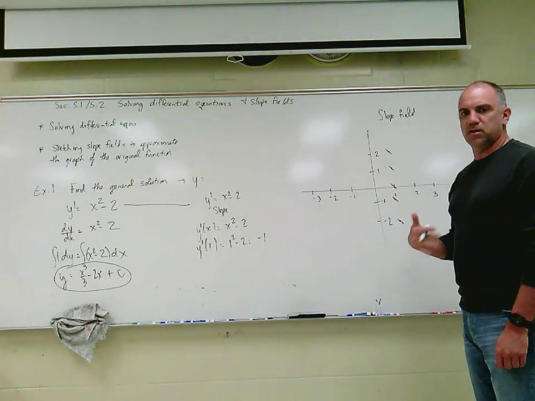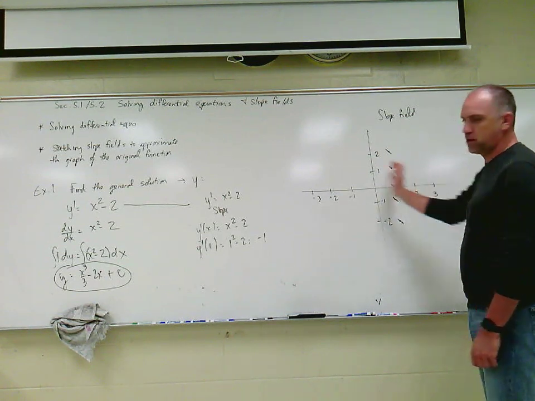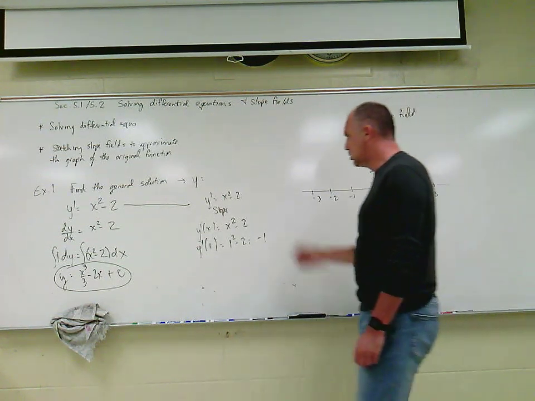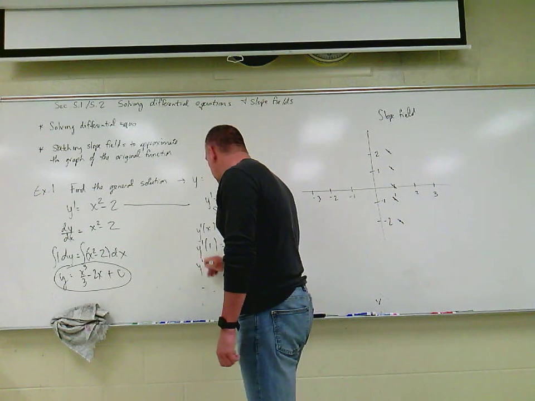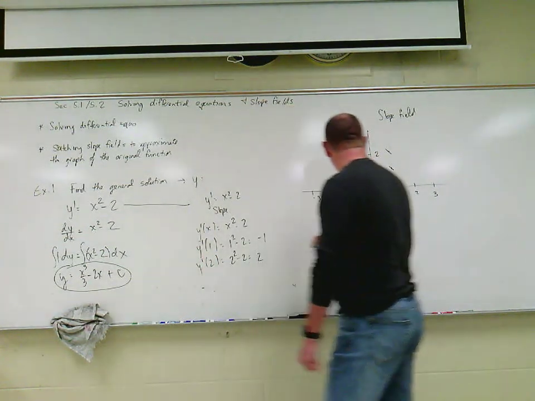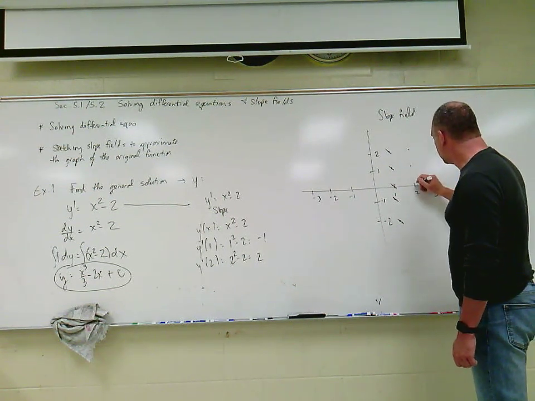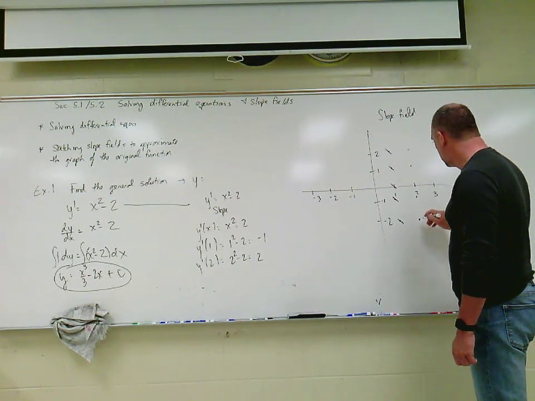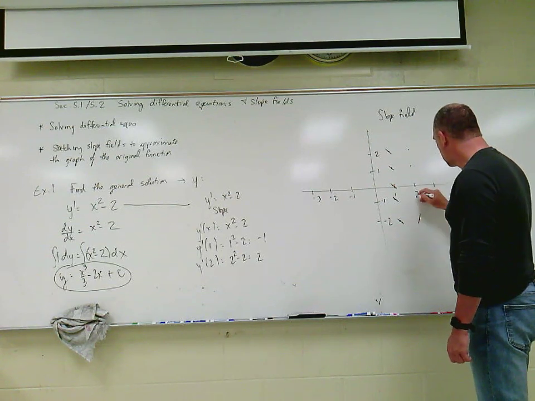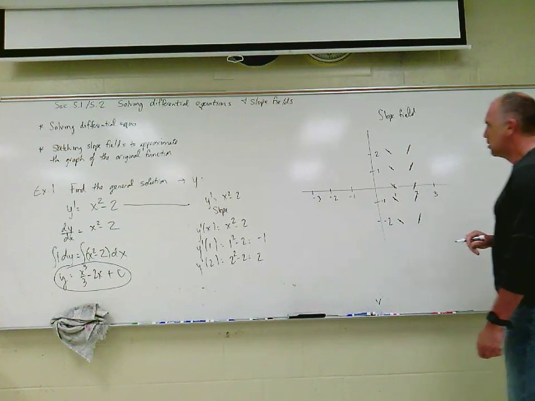I'm going to continue this for each of our x's: x is 2, x is 3, then I'll work my way backwards. So y prime of 2, we get 2 squared minus 2, which is 2. So I'm going to draw a slope of 2 at each of these where x is 2. That could be the slope there.